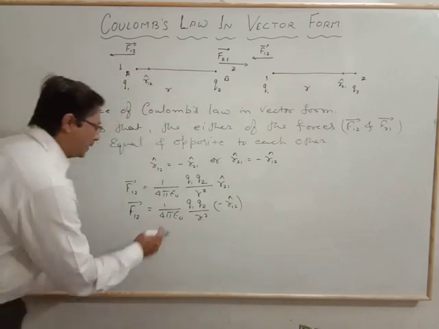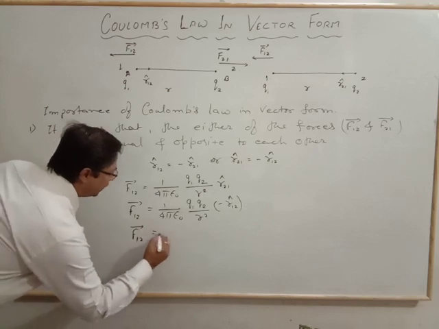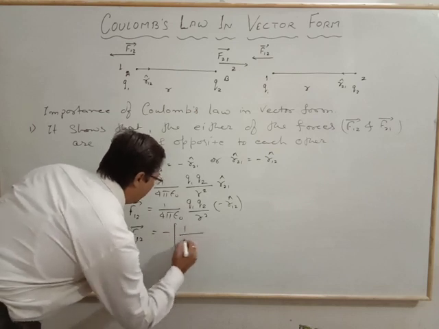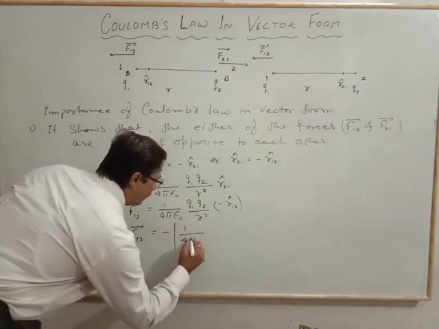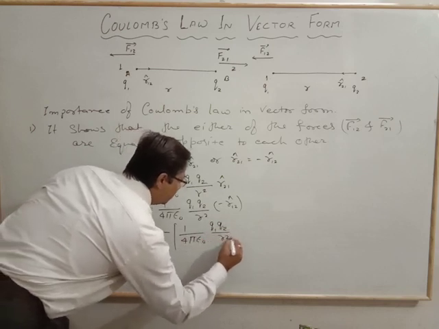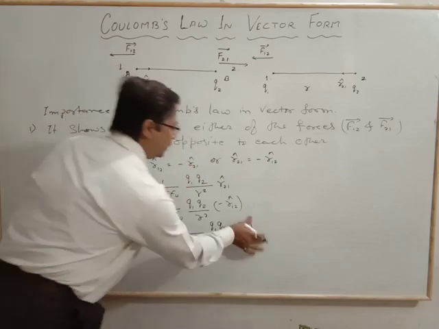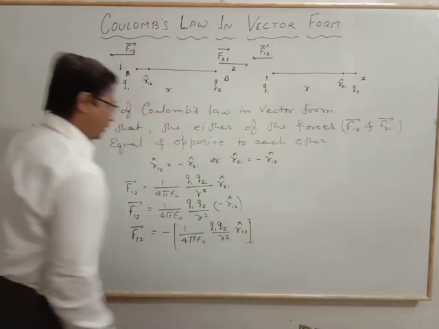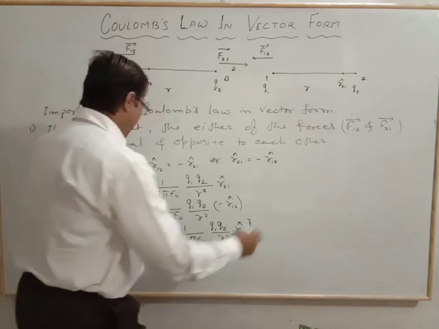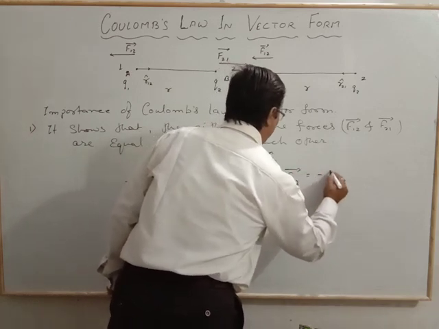Now the minus we will take outside, that means our force F12 is equal to minus, taken outward, and in the bracket it is 1 by 4 pi epsilon naught q1 q2 by r square and unit vector 12. Now this relation gives the force F21. So we have the force F12 that is equal to minus of the force F21.